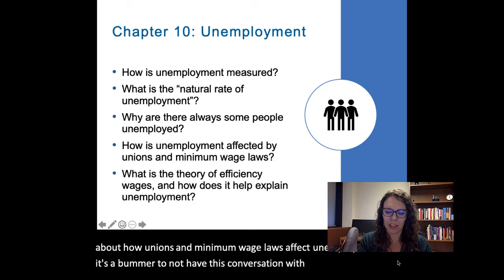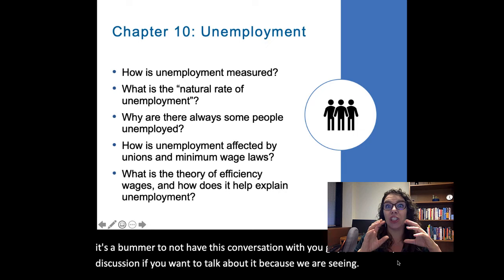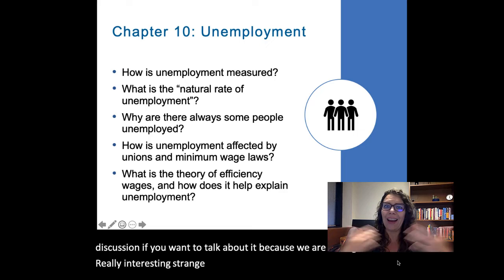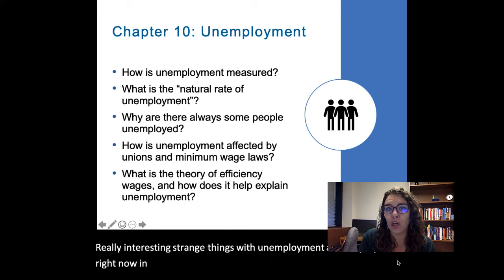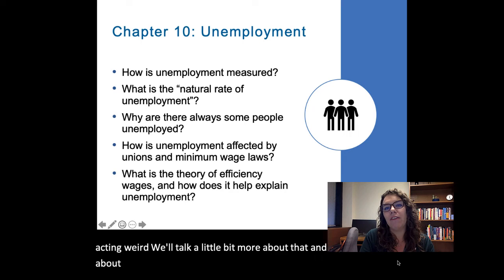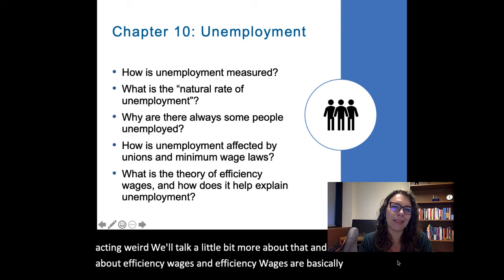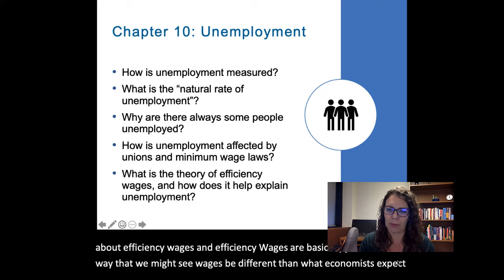I'll set up a discussion if you want to talk about it, because we are seeing really interesting, strange things with unemployment and employment right now in the post-COVID recovery. Labor markets are just acting weird. We'll talk a little bit more about that, and then we'll talk about efficiency wages. Efficiency wages are basically just another way that we might see wages be different than what economists expect.